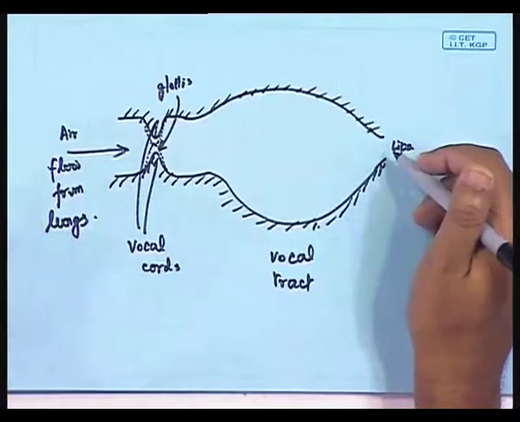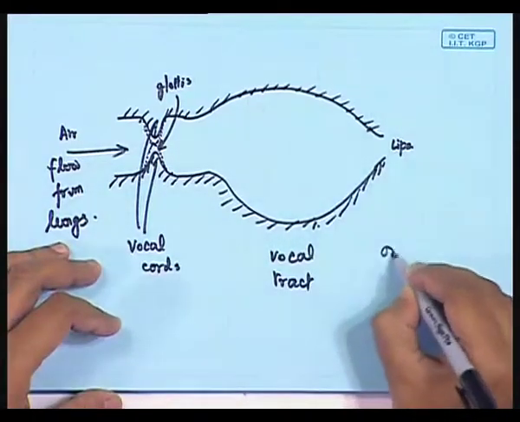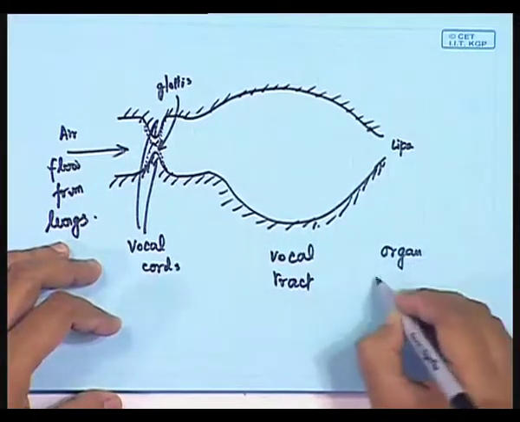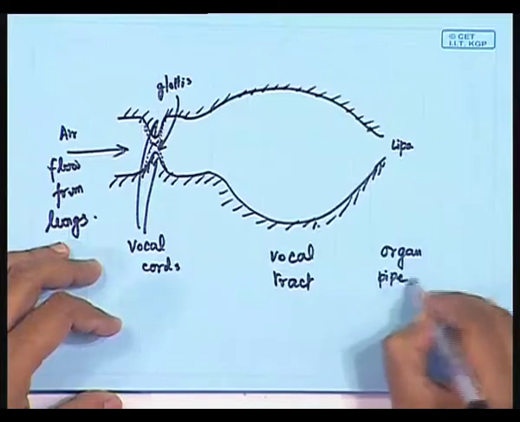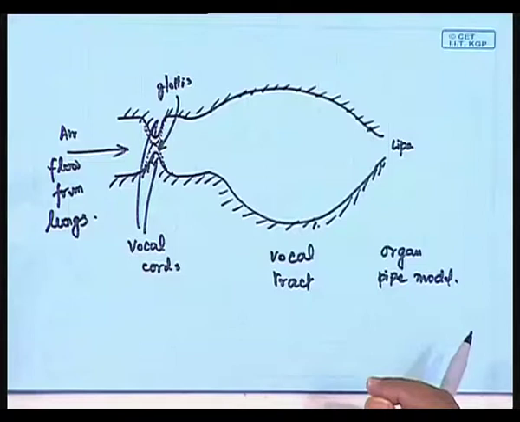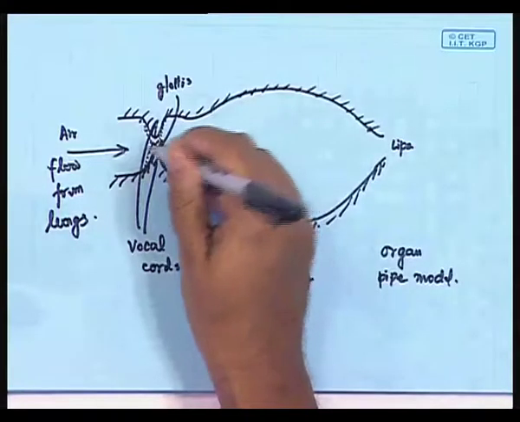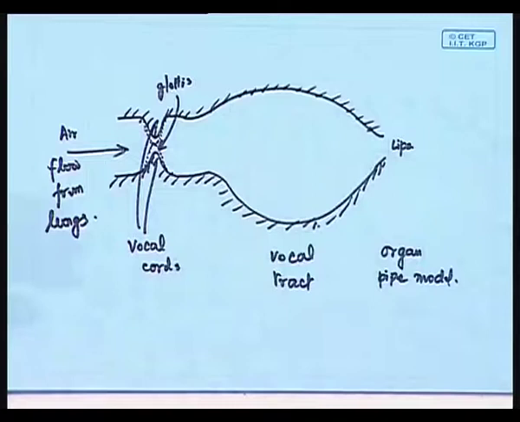So we can in fact consider the model of an organ pipe. Very crudely speaking, we can use the organ pipe model for that, and then we will be seeing how the organ pipe model would shape the pulses, or shape the excitations which are produced from here.